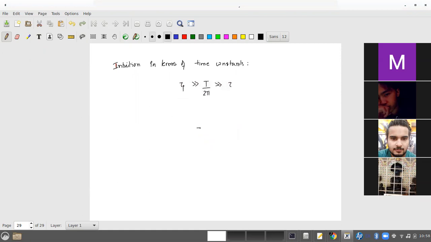I have this condition and I have my circuit like this.